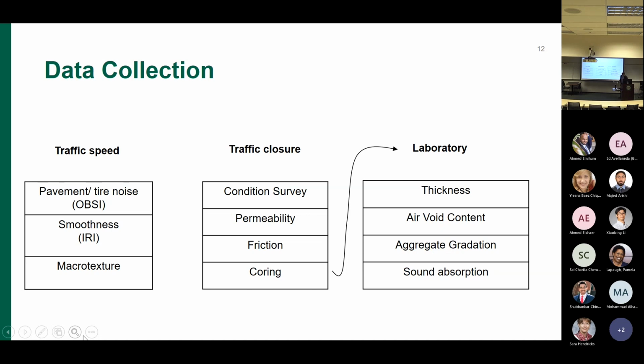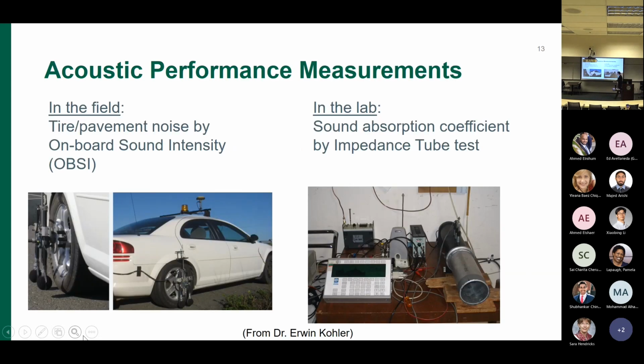Now here we see that there were 2 methods used to measure the sound-related performance. One is the field measurement in terms of OBSI, and that approach is depicted in these pictures. In this approach, we put a pair of microphones near the tire-pavement interface and measure the sound intensity.